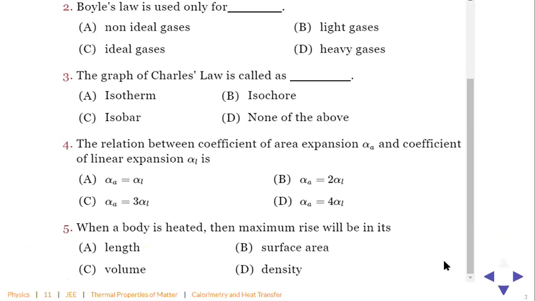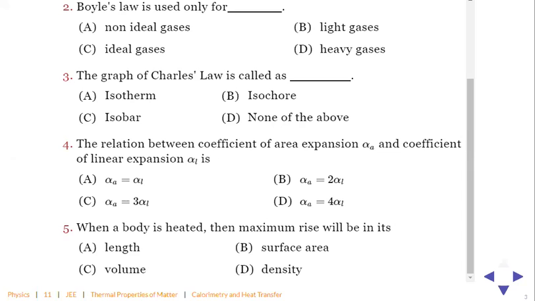Fourth one: the relationship between the coefficient of area expansion and the coefficient of linear expansion is? Yes, very good, everyone. Fifth one: when a body is heated, the maximum rise will be in its length, surface area, volume, or density?